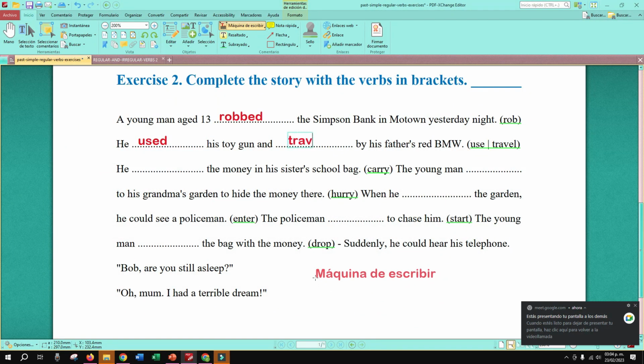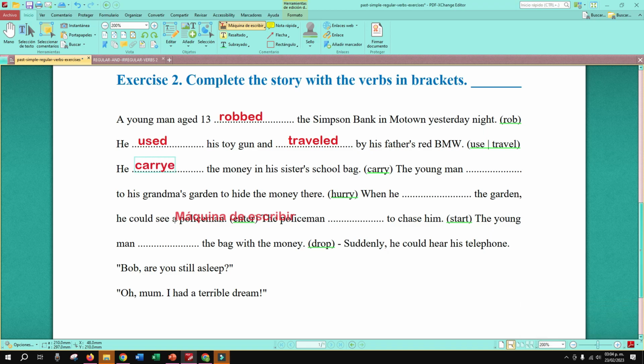Traveled, by his father's red BMW, right? He carried. Is it okay, this one? No. That way? ¿Está correcto?